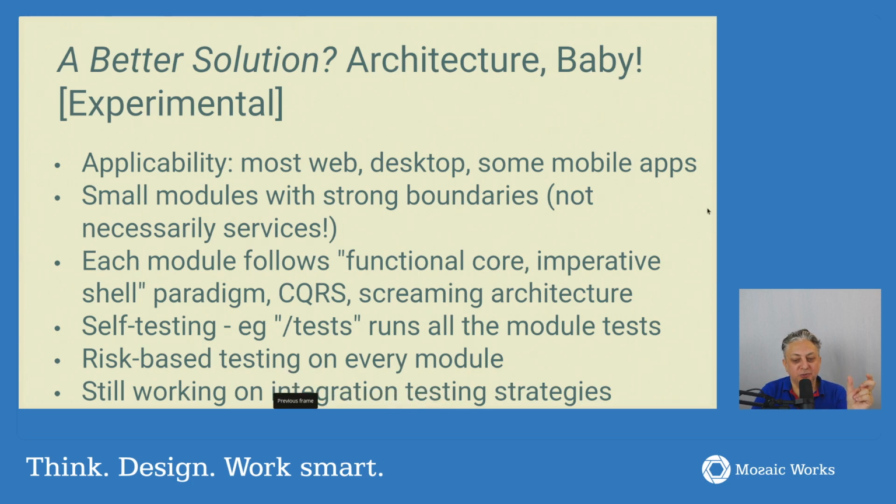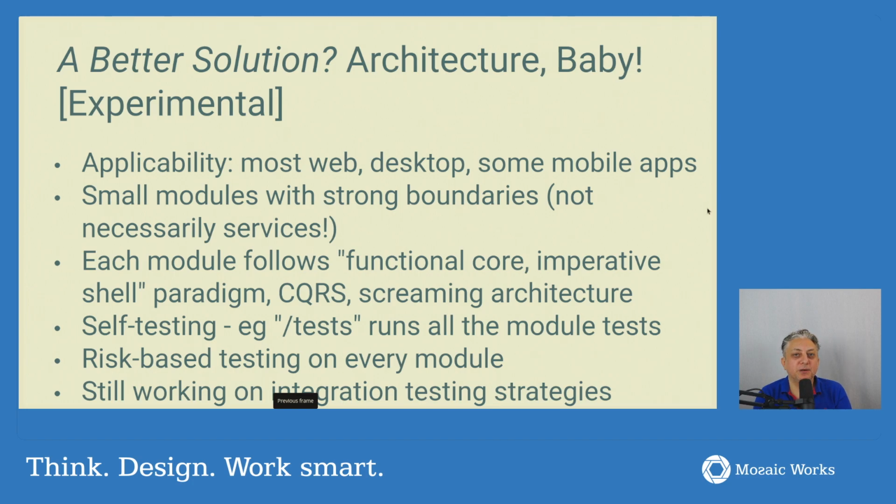Each module would follow the functional core imperative shell paradigm, CQRS, so command query separation, and screaming architecture, so the structure of the module should tell you what the module does at first glance. Each module will also be self-testing.